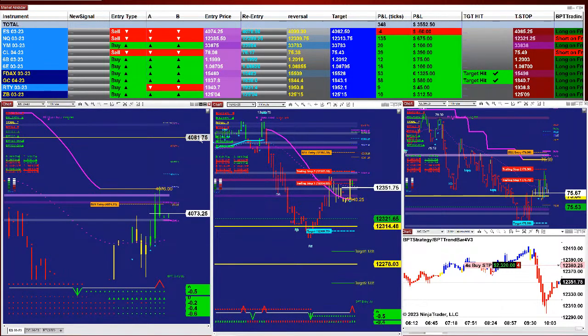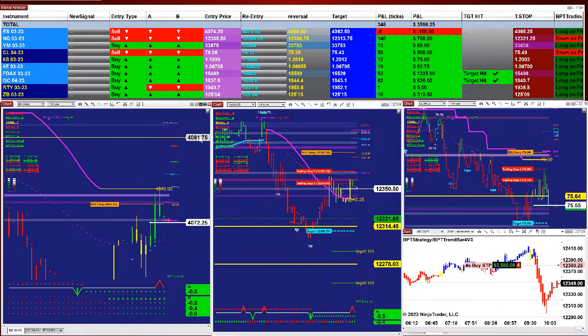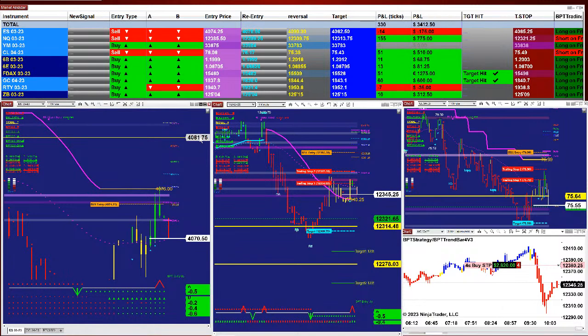You can see how the ES is fighting that number 40.76. Now it has been 4 attempts to break the 4076. So when you see those conditions here, you need to be careful how your auto trade is taking a trade, is it going to hold or is it going to get weak?